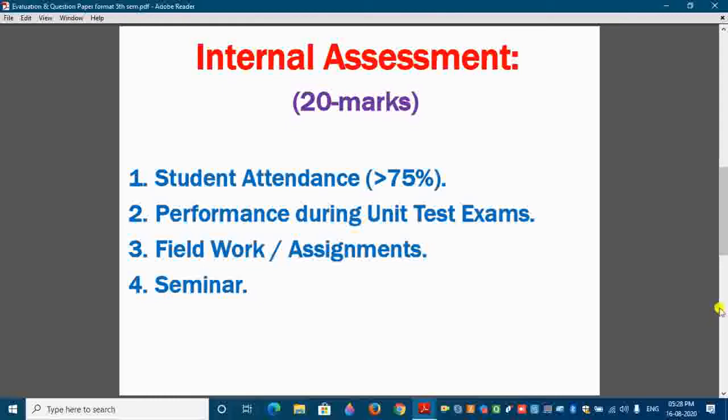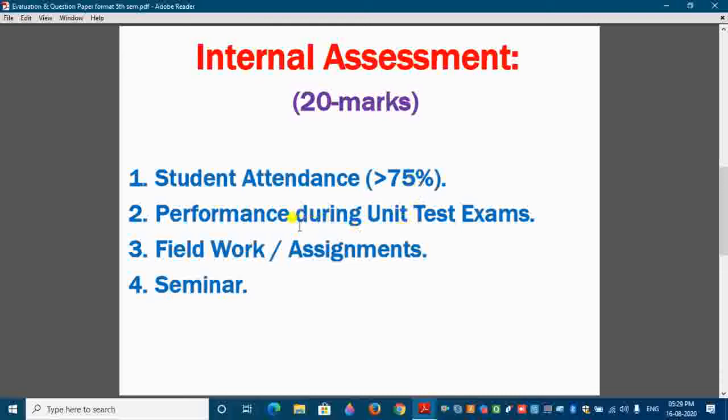Now, how can you get the internal assessment marks, the total 20 marks, on the basis of paper number 1 and paper number 2? There are four criteria. First, student attendance: your attendance must be greater than 75% throughout the semester period.